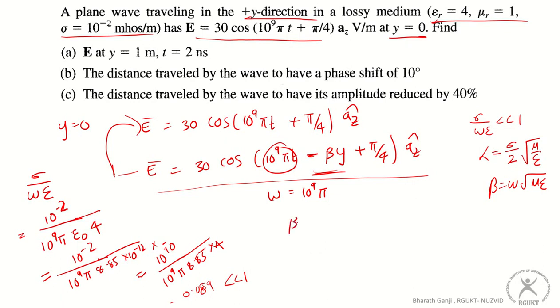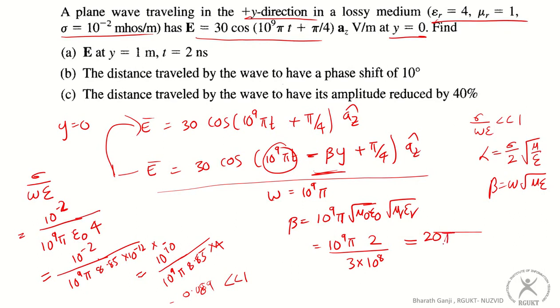The beta value is omega, given as 10 to the power of 9 pi, and square root of mu naught epsilon naught, and square root of mu r and epsilon r. So this becomes 10 to the power of 9 pi divided by 3 into 10 to the power of 8, and the square root of 4 is 2. So you have 20 pi divided by 3. So that is your beta, radians per meter.